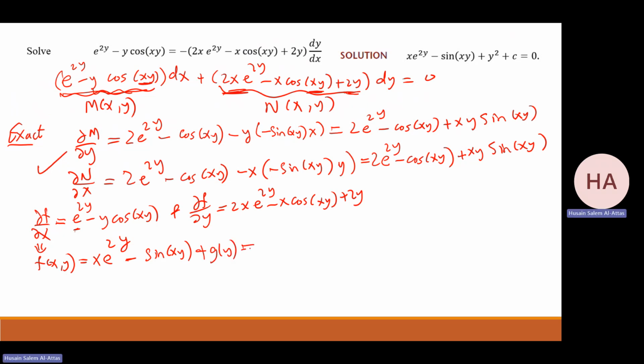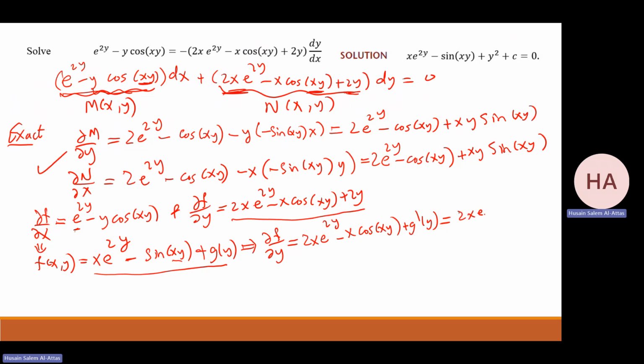Now we will use the second one. So I have partial f with partial y, differentiate with respect to y. Now this one, I have what? 2x e to the 2y minus, with respect to y, huh? So this one gives me x cosine xy plus g prime of y. That should equal to what? Is equal to this one, which is 2x e to the 2y minus x cosine xy plus 2y.